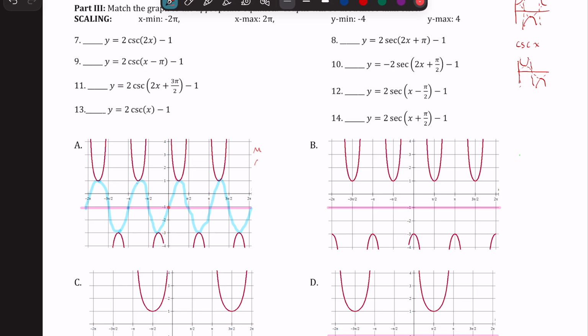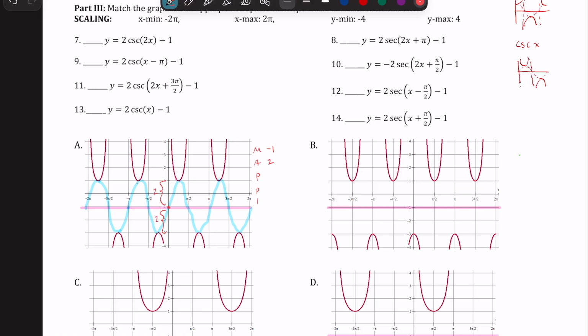So I can do my MAPPY. We know this is going to be -1 because that was given to us. And we're going from this piece right here, that's a distance of 2, and here, that's also a distance of 2. So my amplitude is 2.